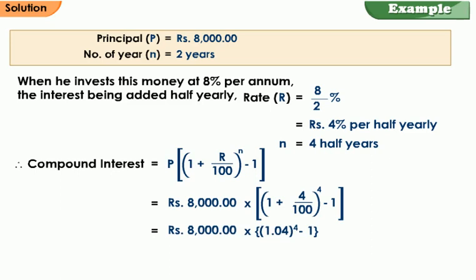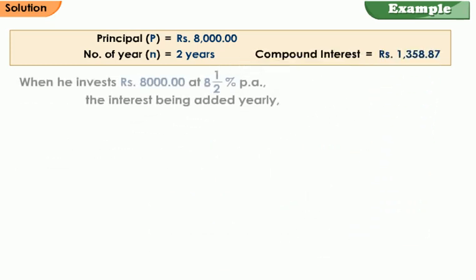That leaves us with rupees 1,358.87. When he invests rupees 8,000 at 8 1/2% per annum, the interest being added yearly, the rate is equal to 8.5%, that is 17 by 2% per annum. N equals 2 years.